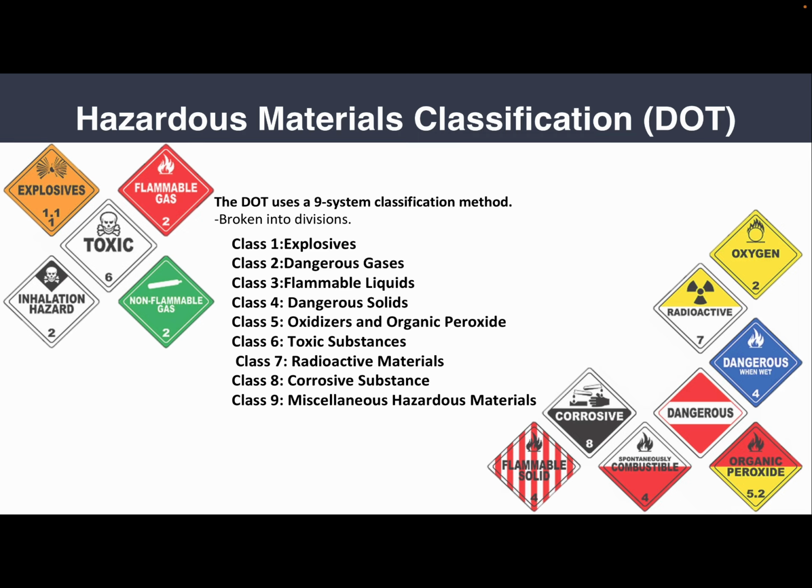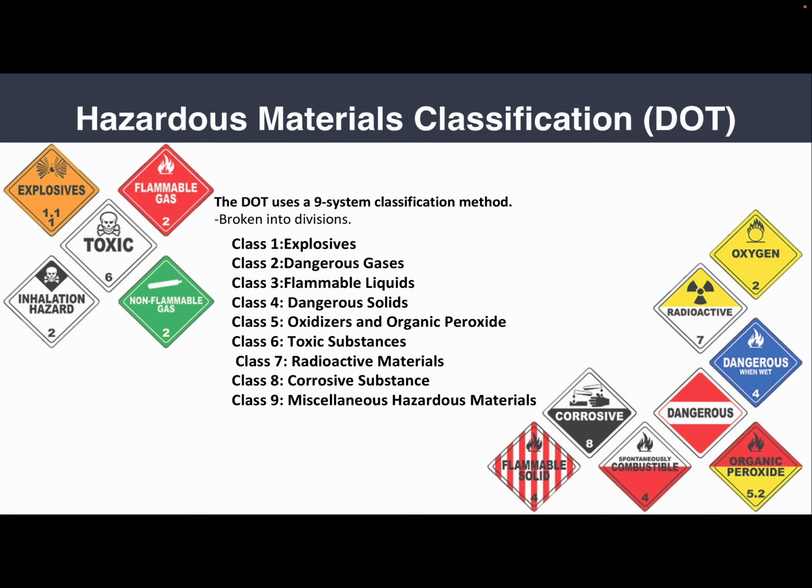And Class 3 has the flammable liquids that can produce flammable vapors, such as gasoline, and we have them in NFPA 30. And Class 4 is dangerous solids, such as magnesium and phosphorus, solids that ignite easily or react with moisture. And Class 5 are oxidizers and organic peroxides, such as ammonium nitrate. And Class 6 is toxic and infectious substances, such as medical waste.